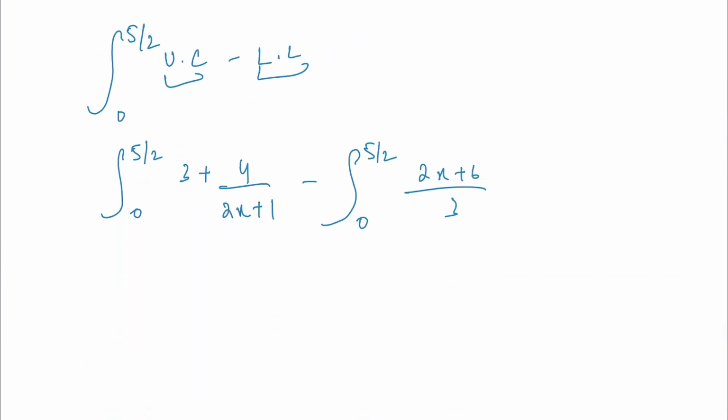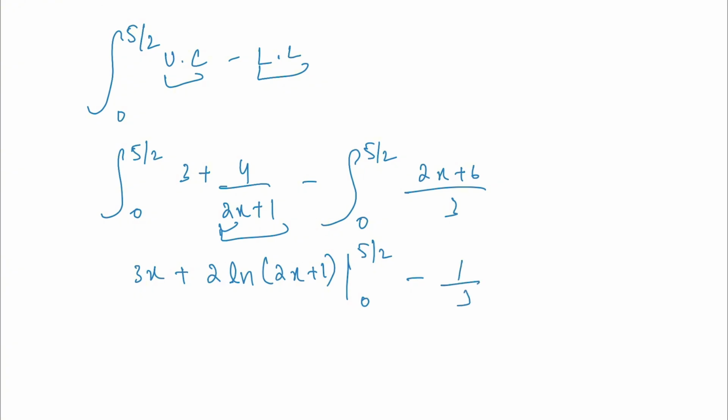So this would be integrated and we'll get 3x plus, and this would be in ln, and since we have differentiation as 2, this would look like 2 ln (2x plus 1). Since we had 2 extra over here, we are applying the limits 5 over 2 and 0. And here, if we integrate, we get 1 over 3 (x squared plus 6x).